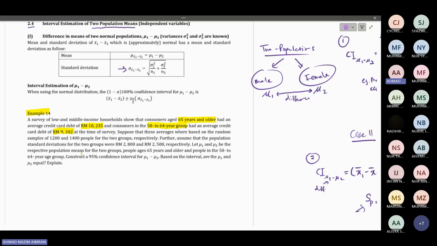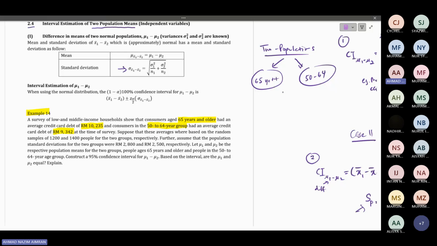So from here, you already know that there are two populations, and they are mutually exclusive. The first group is households aged 65 years old and older, and the other group is aged 50 to 64 years old.